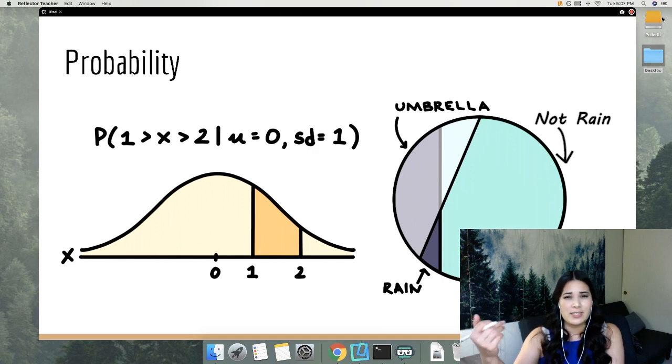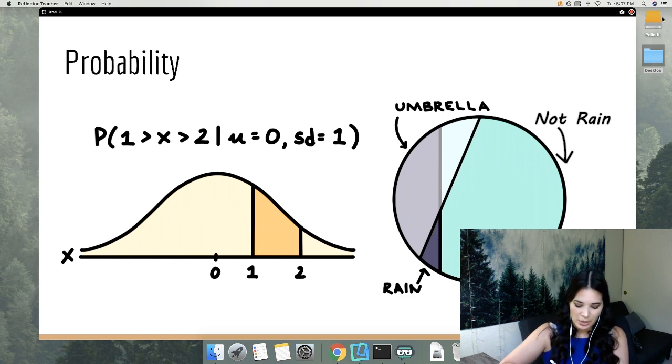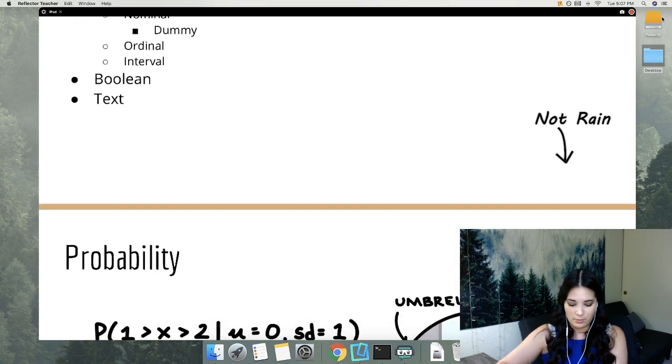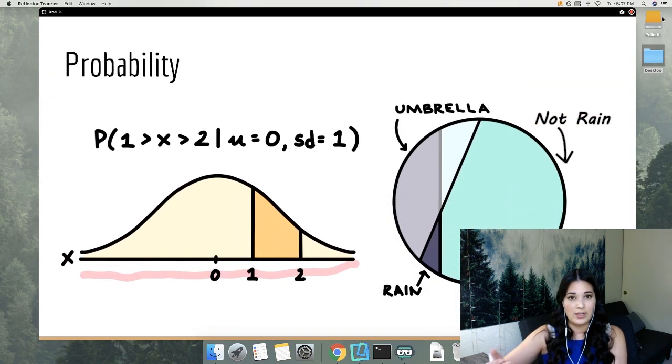Sometimes we can think about this in discrete events like did it rain or not, and sometimes we'll think about this in continuous events. So for instance, if you look at the left-hand side of the screen, this is a variable that can take on a bunch of different values. We might want to calculate, given that this is all of the values that we can take on, what is the probability that our value is between 1 and 2?